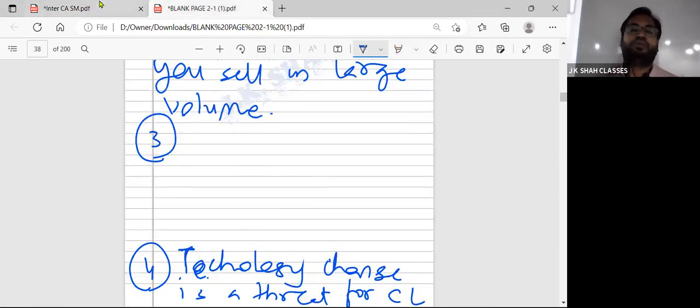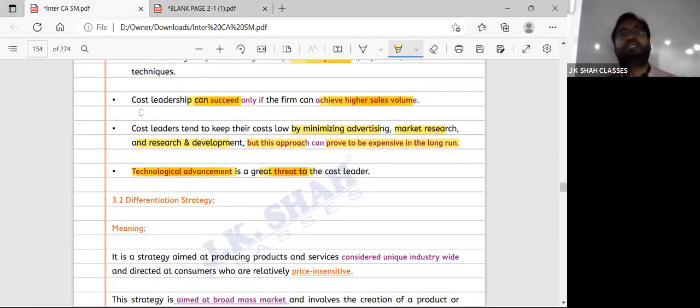Now let's talk about differentiation. What is differentiation? Very good. Selling unique products in a broad market to price insensitive customers. The objective here is to give customers unique products, unique in terms of performance, features, durability, design, quality.